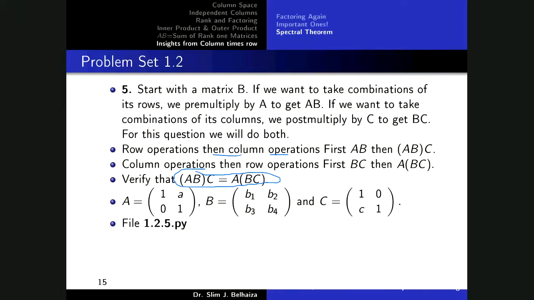So basically, you have three matrices A, B, C, and we're checking that AB times C is equal to A times BC. I uploaded already one file.